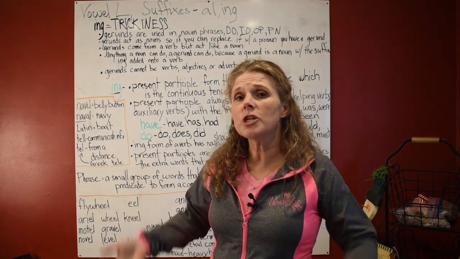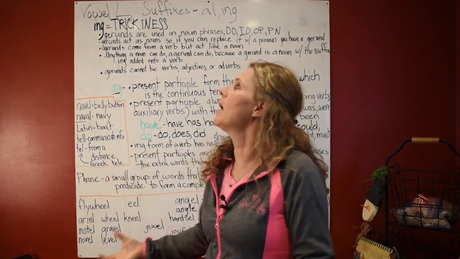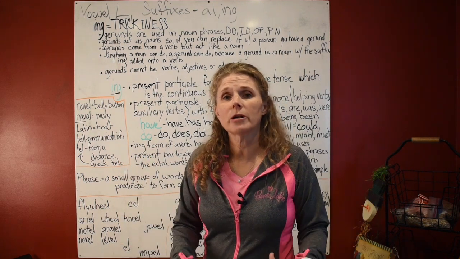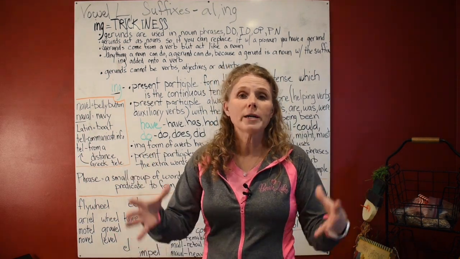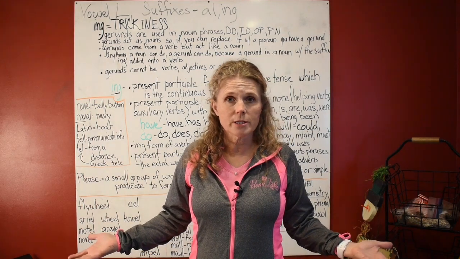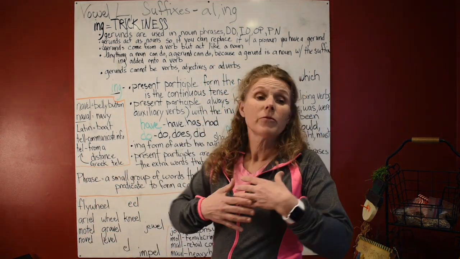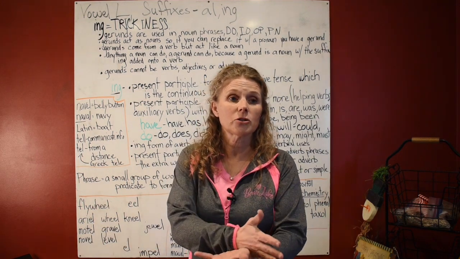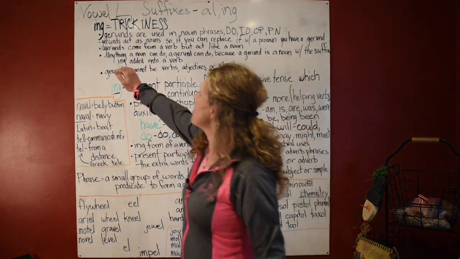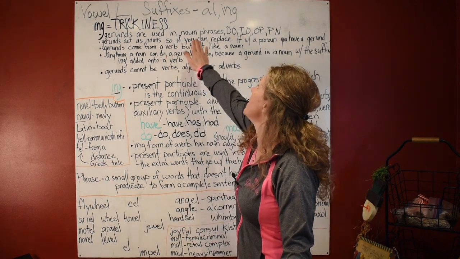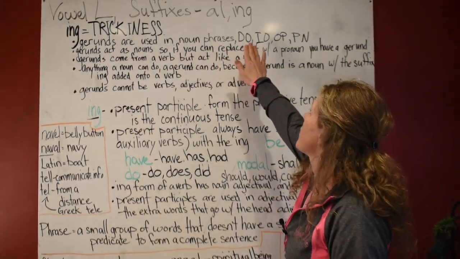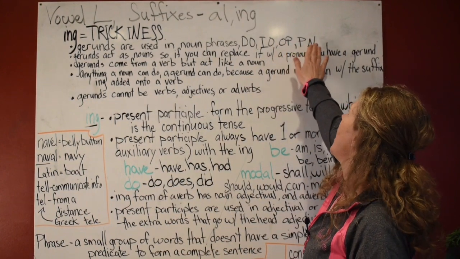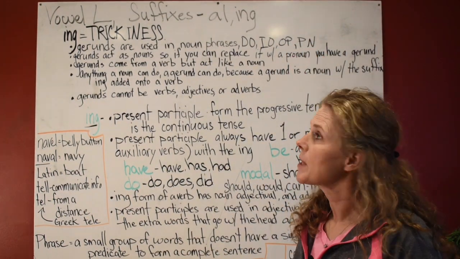All right, any other questions? Okay, so INGs are the trickiness of tricky. We're going to go into gerunds. Do you guys even know what a gerund is? Gerunds can only be ing words, with a suffix onto them. Gerunds are used in noun phrases, direct objects, indirect objects, objects of the preposition, and predicate nominatives.